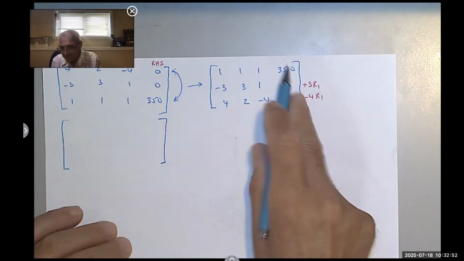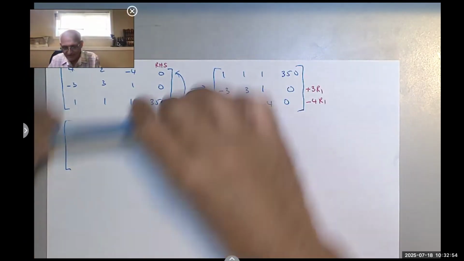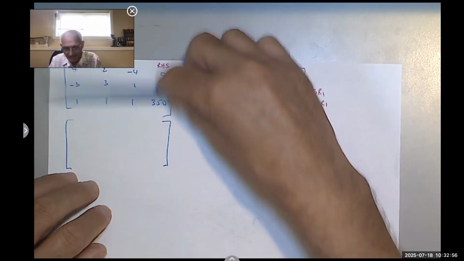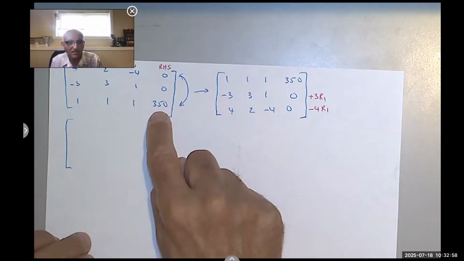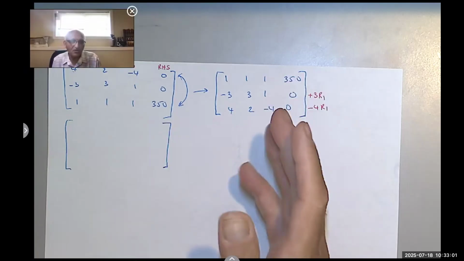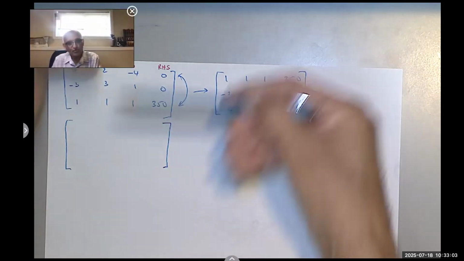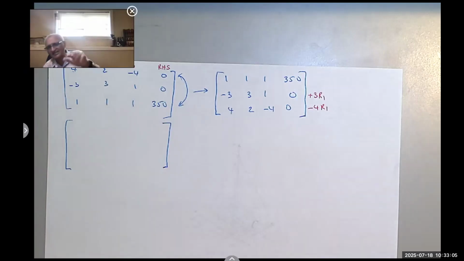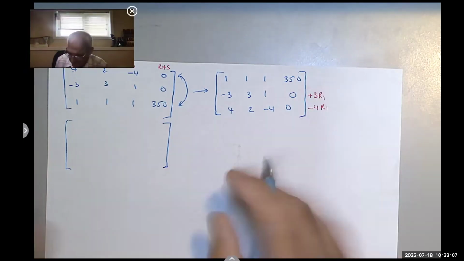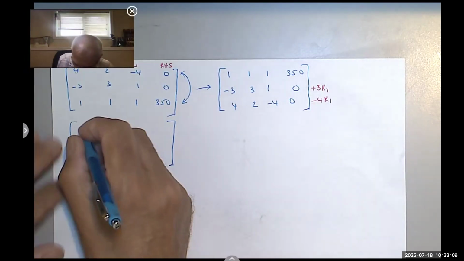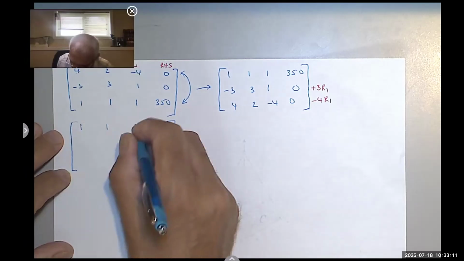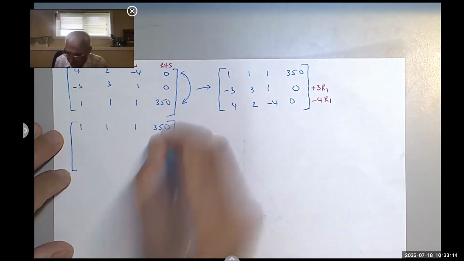Notice that if I left it 0 here and keep adding, the 350 would remain 350, so maybe it wouldn't be wise to replace these two rows. You will see that, but it's fine. So the first row stays as it is: 1, 1, 1, 350.